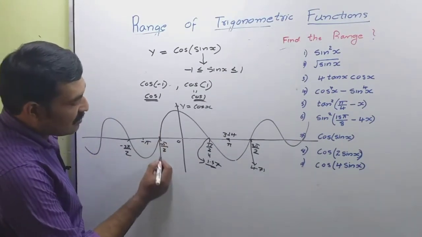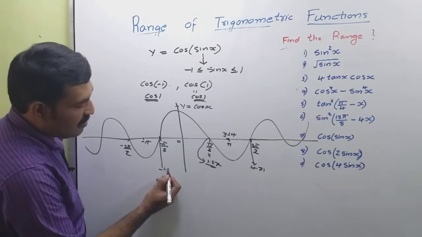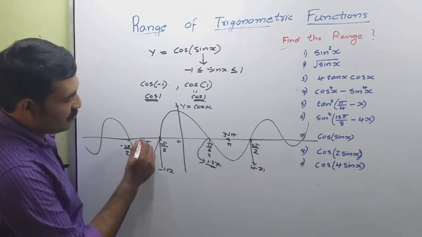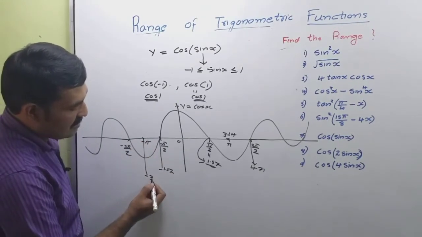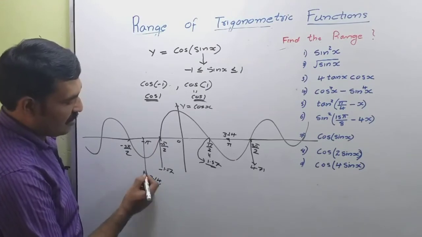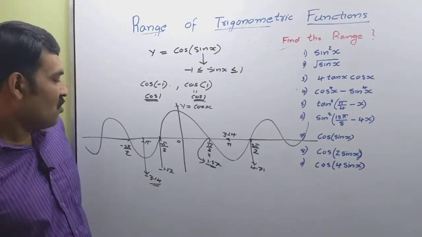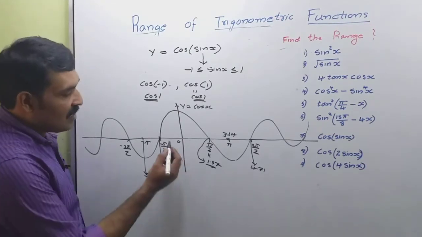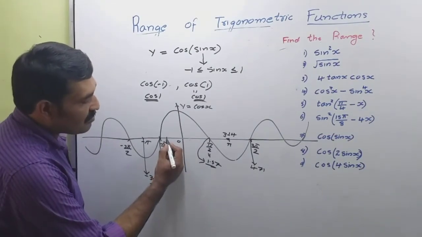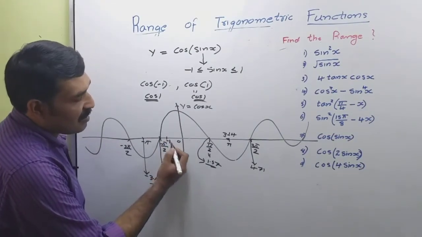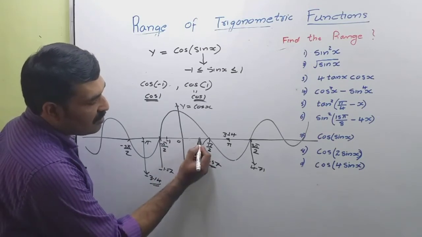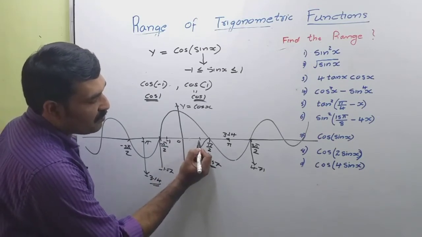Again, here this value is minus 1.57, this point is minus 3.14, and so on. So minus 1 is a point coming here, and plus 1 is this point.